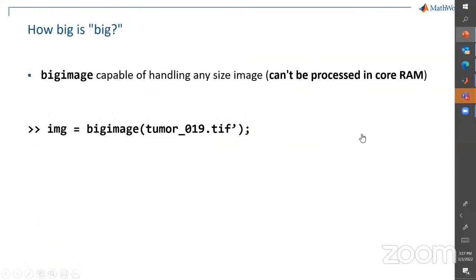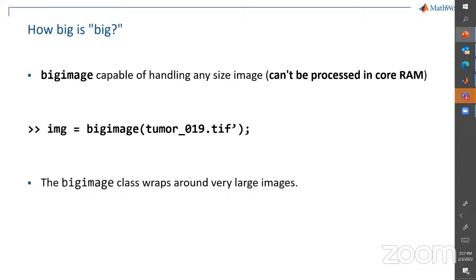Like I said, the capabilities of big image are mostly to process the large images which do not fit in RAM. Big image creates a wrapper around the large images that you are working on, and these image pixels are not loaded all at once.